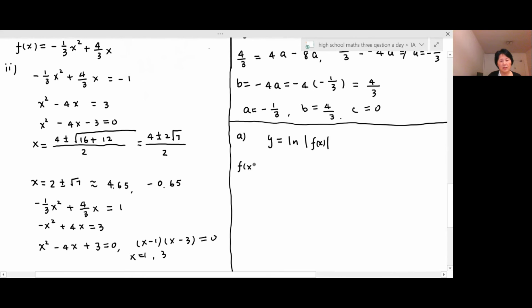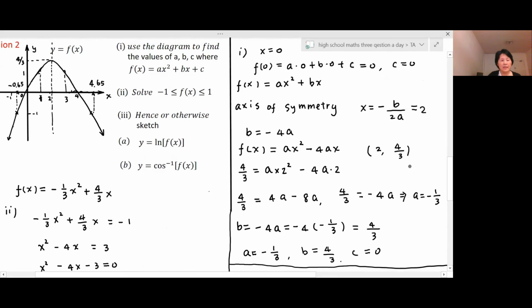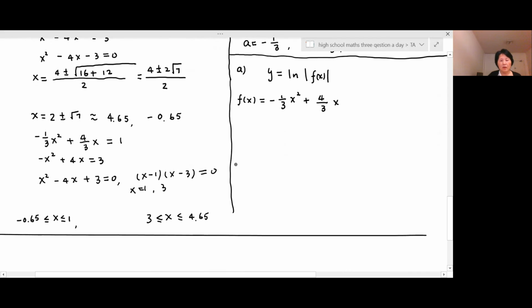So the f(x) then equals minus 1 on 3 x squared plus 4 on 3 x here. Okay, you can see that this curve is here. The logarithm, this part has to be larger than 0, cannot equal 0. Only the positive part, we can draw the log here. Okay, so what does this mean to you here?